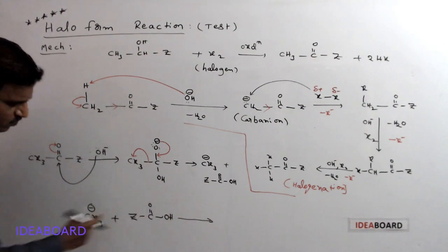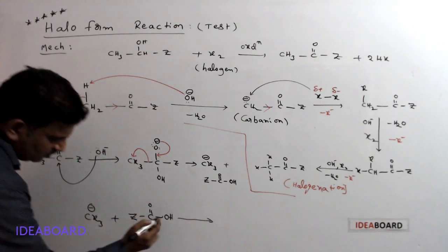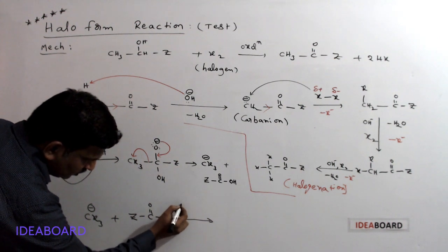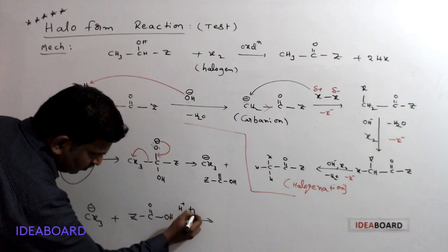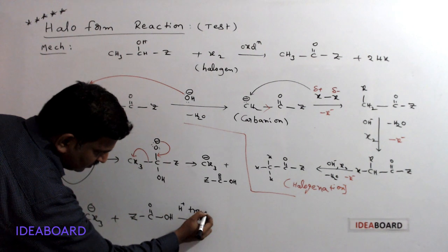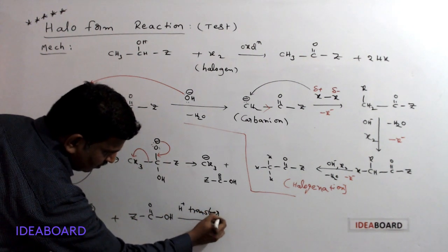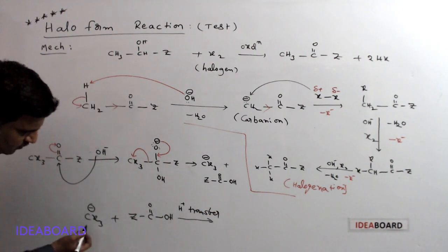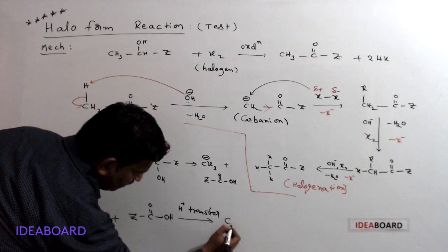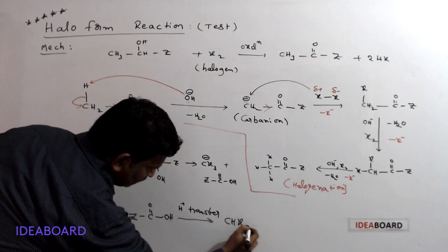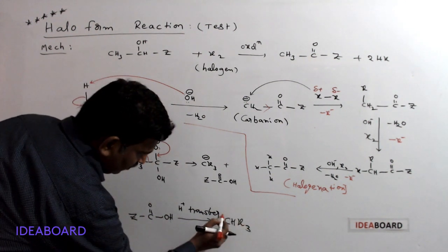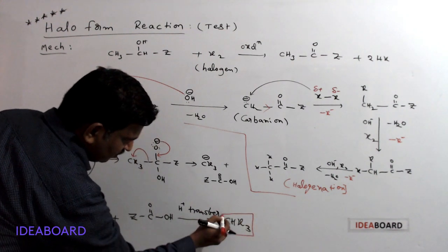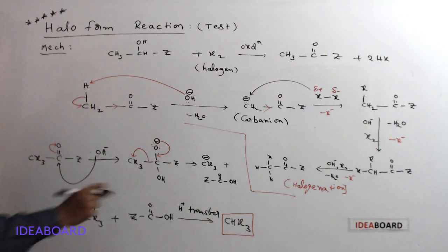So it loses the proton easily. This is also called proton shift or transfer. By the proton transfer, H plus transfers from this. So what is finally formed is CHX3. What we need is formed here now. Okay, that is the final product.